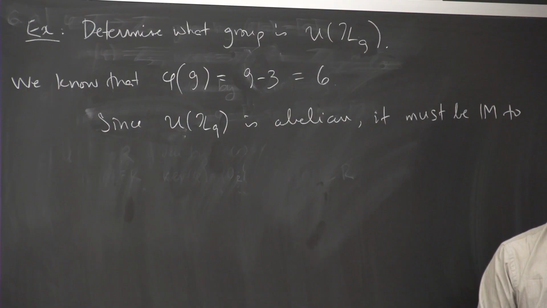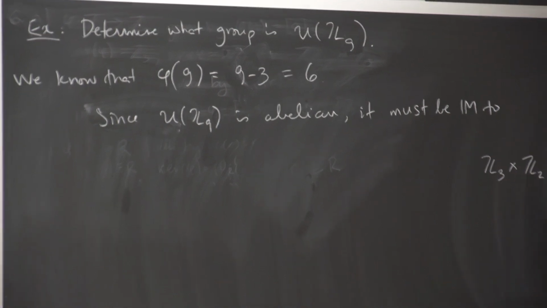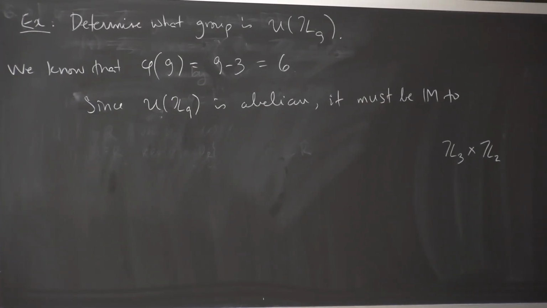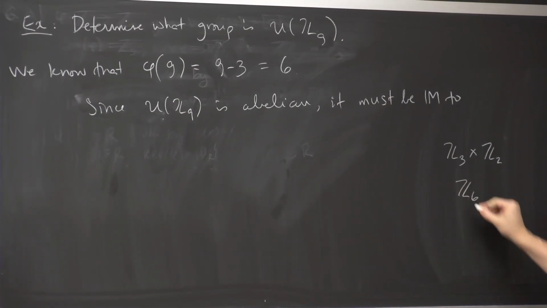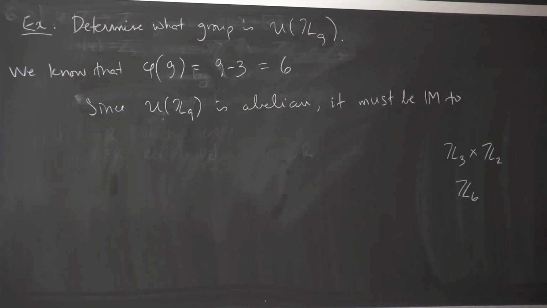Now, what are the abelian groups of order 6? So Z3 cross Z2, or Z6. Anybody going to complain about anything? No? Okay, these are the same. Why are they the same?